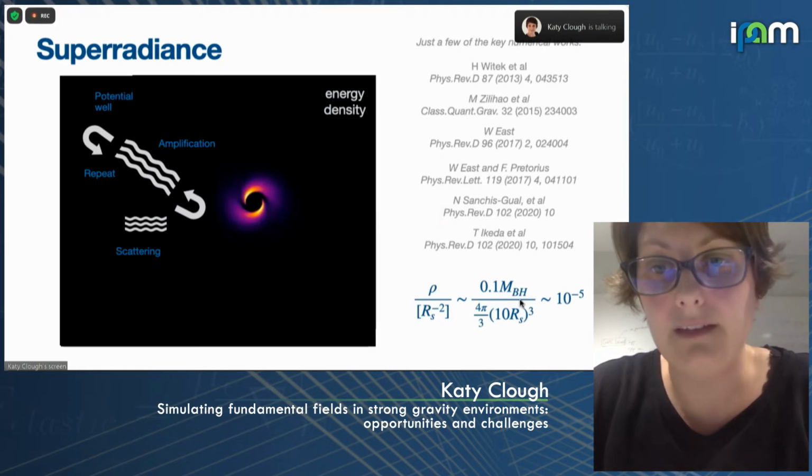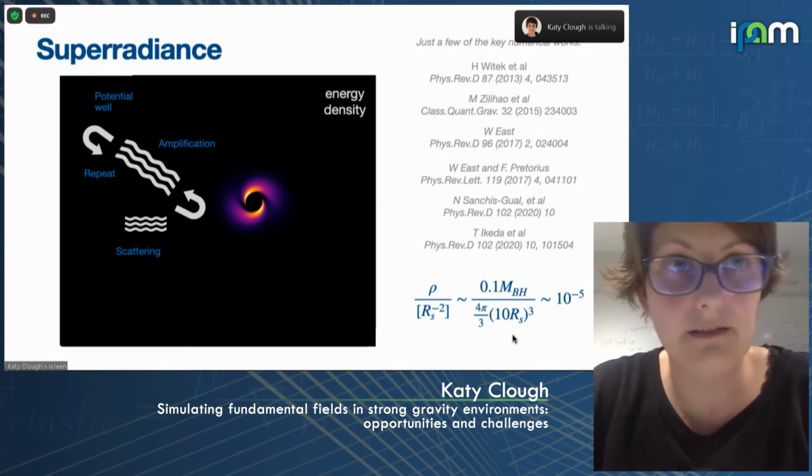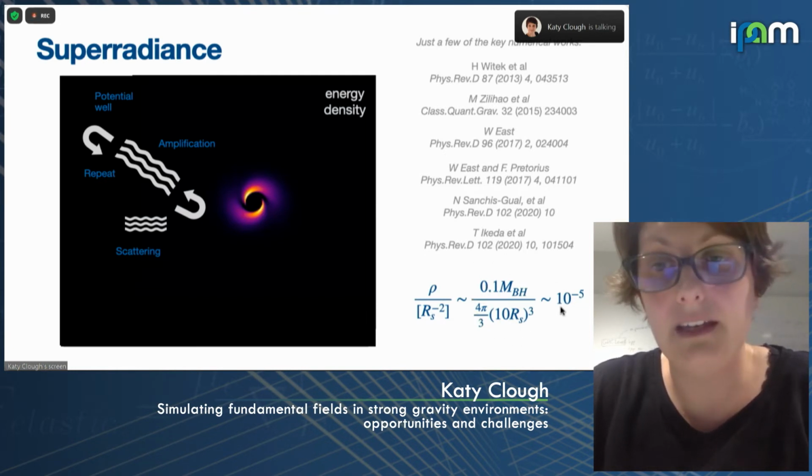So if you take this figure of 10% of the black hole mass, and you know also that it's concentrated within roughly 10 Schwarzschild radii of the black hole, this gives you a rough estimate for the order of magnitude of the energy density. And that gives you this number, 10 to the minus 5, when you're comparing it to the curvature scale of the black hole itself.